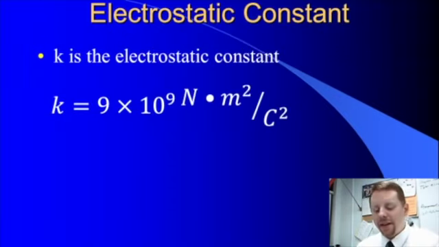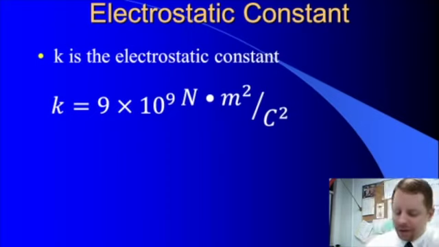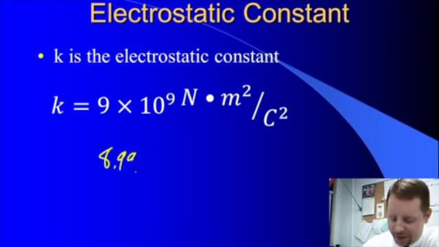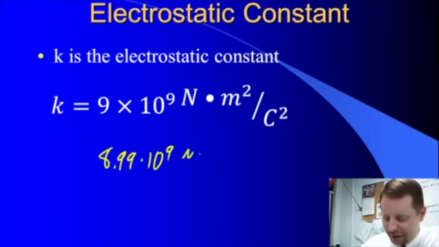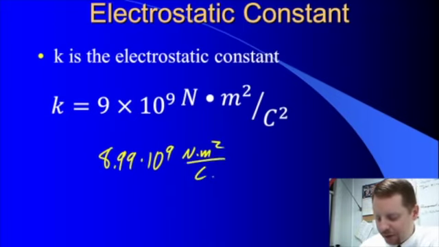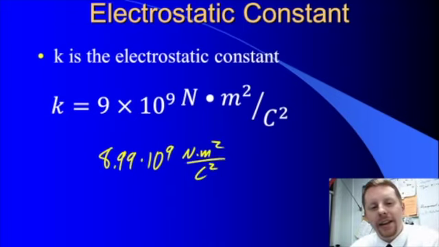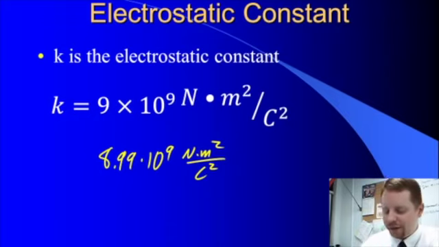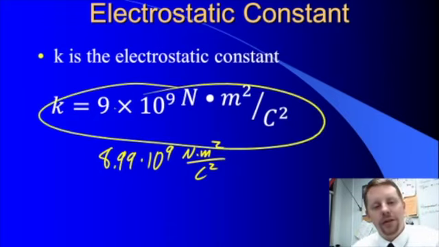The electrostatic constant, K, is given as 9 times 10 to the 9th newton meters squared per coulomb squared. You'll also oftentimes see this written as 8.99 times 10 to the 9th newton meters squared per coulomb squared, which is perhaps slightly more accurate, but for our purposes and getting answers that are reasonably close, 9 times 10 to the 9th should suffice just fine.